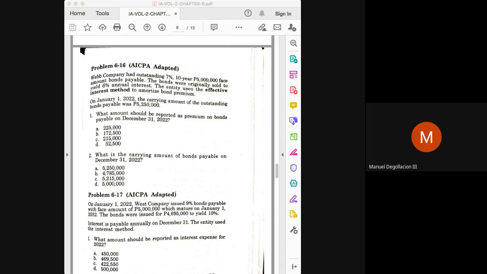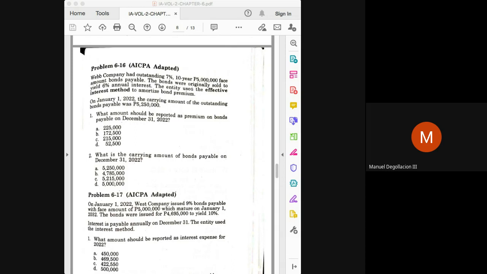Next, how much would be the amortization on the premium for this year? Again, we need two things. If we're using the effective interest method, we need to compare the fixed interest payment with the interest expense. We already have the interest expense, so we just compare it with the fixed interest payment.